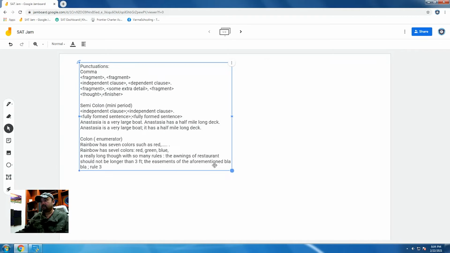So next thing is dashes. Dash. You think of it like a comma. It can be used interchangeably as a comma, but most common uses of it is to have some extra detail, like sentence, extra detail, dash, and then finish it.